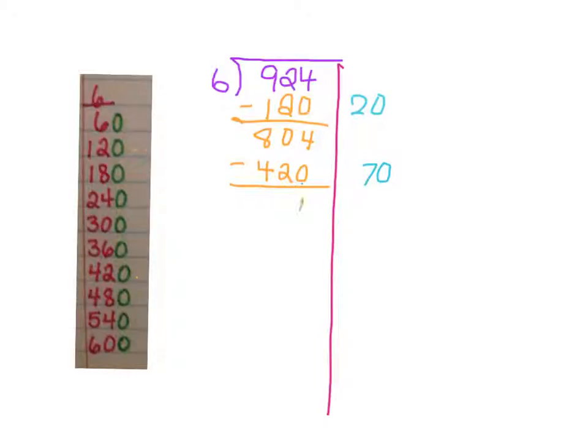Then I can subtract. I do have to make a trade here. 10 minus 2 is 8. 7 minus 4 is 3. Now I'm left with 384. Eeny, meeny, miny, mo. You know, I think I'll get rid of 300. Let me subtract 300.